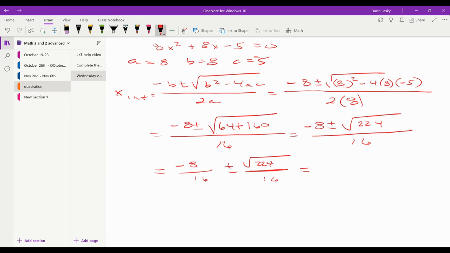But again, you'll have to plug 224 into the calculator, which is going to give you right around 14.99, or approximately 15. So it's going to be -1/2, because I simplified this, plus or minus about 14.9 divided by 16, and then you're going to get your two answers from there.